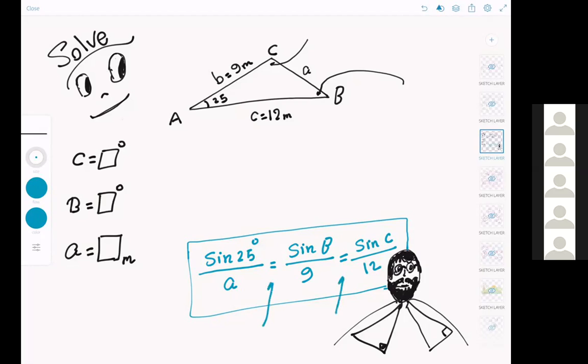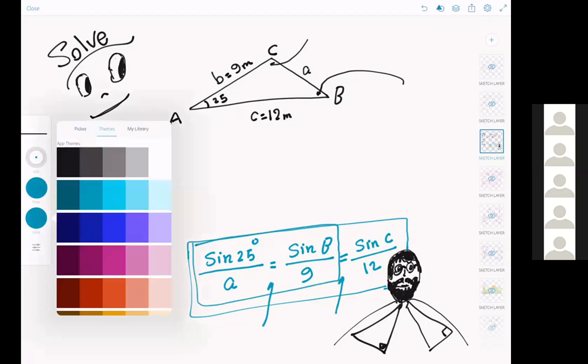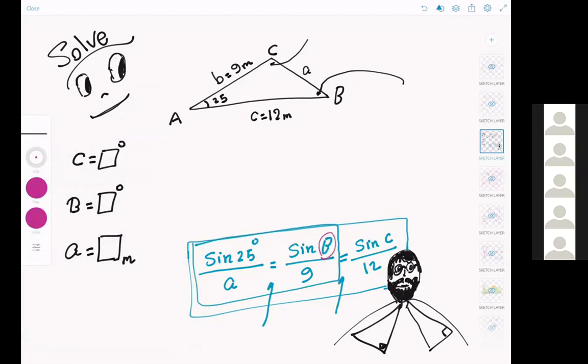That's everything about the law of sine for this triangle. But with any two equations you pick, we have two unknowns. If you pick these two, B and A are unknown. We cannot solve two unknowns in one equation. If you pick these two, again we have two unknowns, B and C. If you pick these two, still we have two unknowns. So the law of sine will not work.